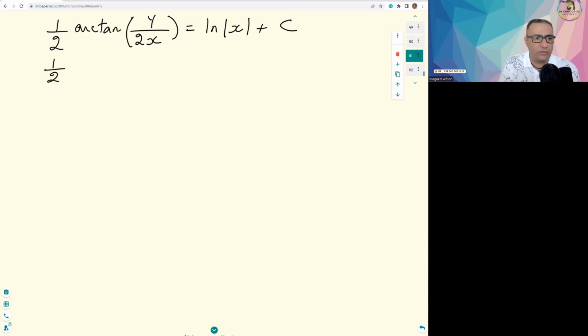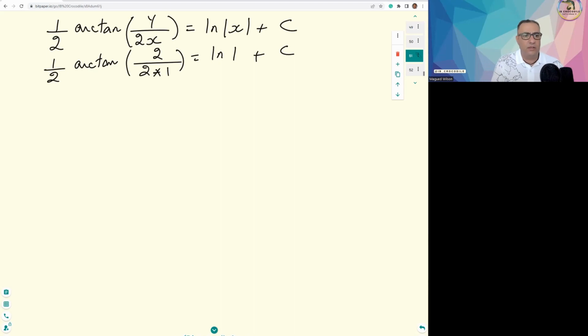So when y is equal to 2, x was 1, so 2 over 2 times 1, equals ln absolute value of 1 plus c, right? Now I can cancel 2 with the 2 here, so I end up with arctan of 1. What is the angle whose tan is 1? Obviously pi over 4.